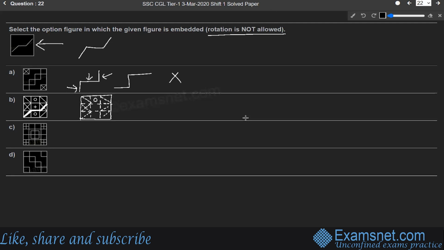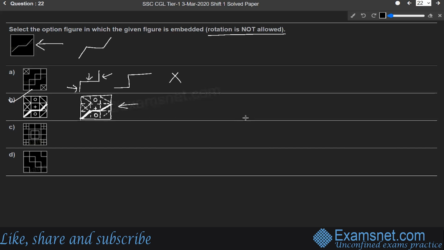Here there is a circle, a positive sign and a circle. So the first part is this. I'm highlighting it. Then second part is this and third part is this. So this is the required figure that we are looking for. So the correct option is option B.